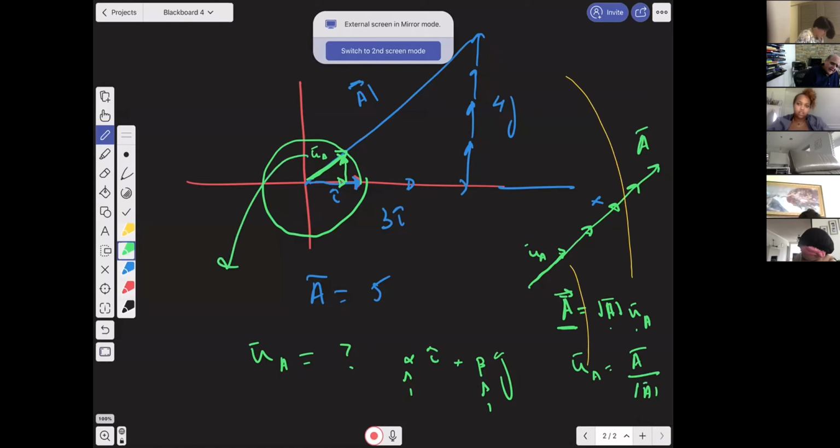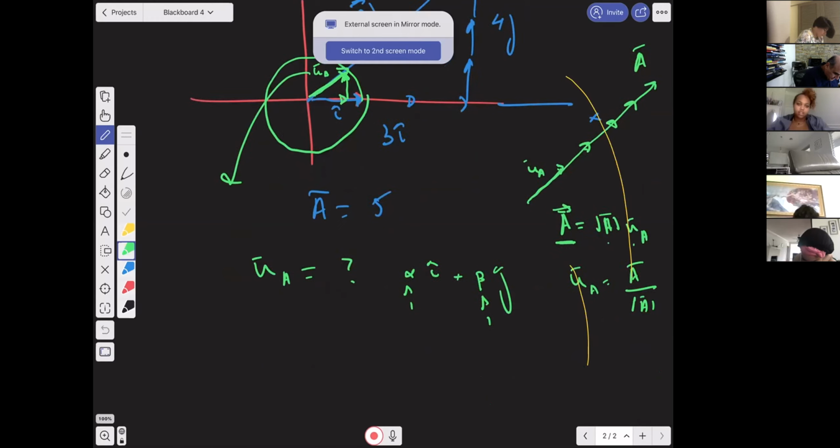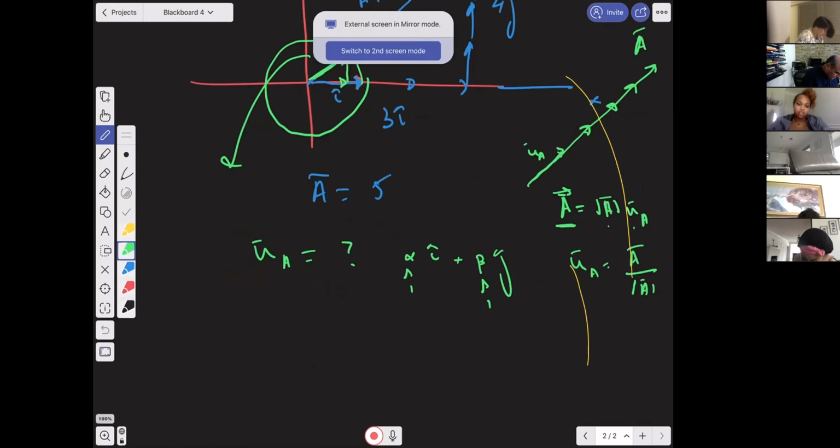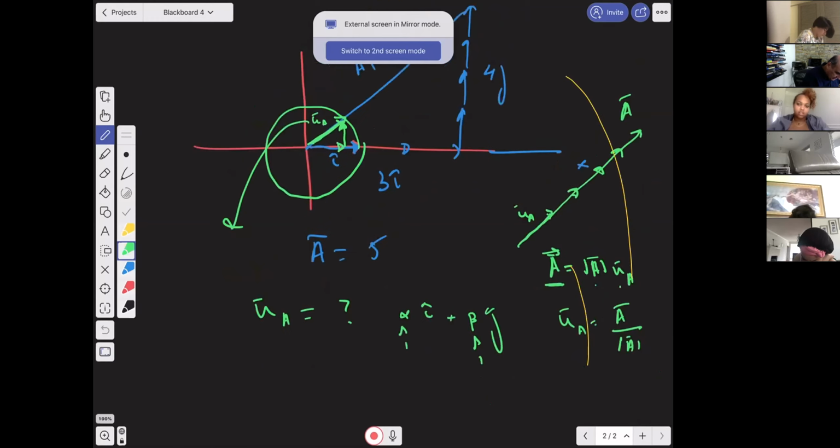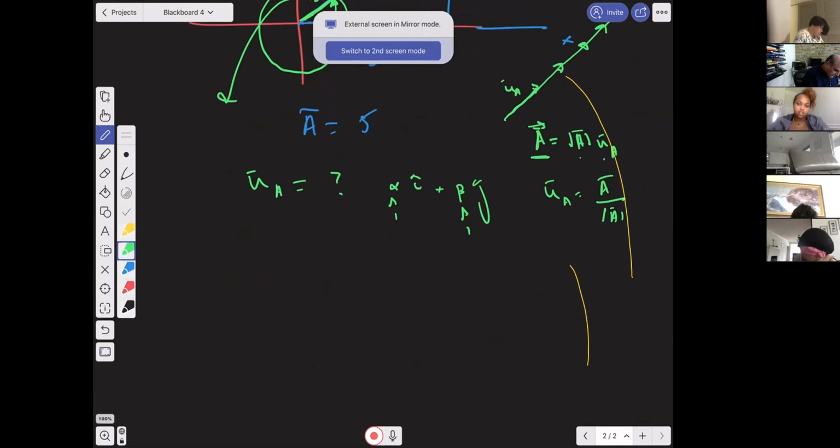Let's find it and check that this vector is the one we are looking for. So the vector A is 3i plus 4j. I am looking for u sub A, and I said that the way to look for u sub A is to take the vector A and divide by the magnitude.